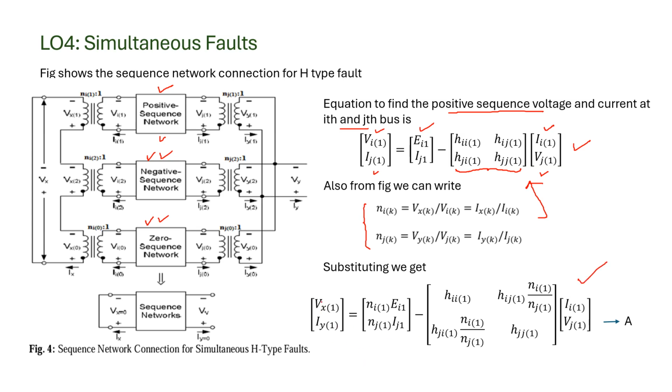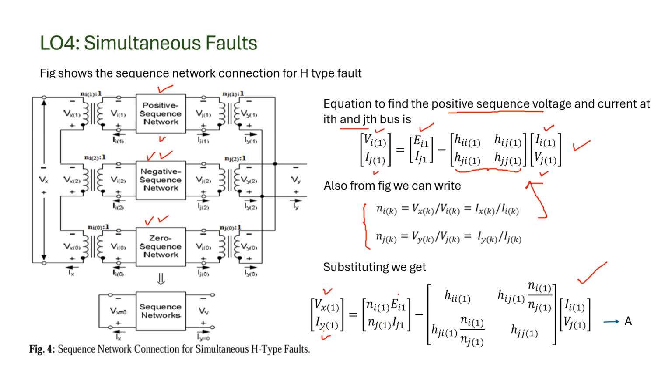Okay, so this is Vx1. It represents the voltage at the x location where the fault has taken place, and this represents the positive sequence fault current at the location where the fault has taken place.